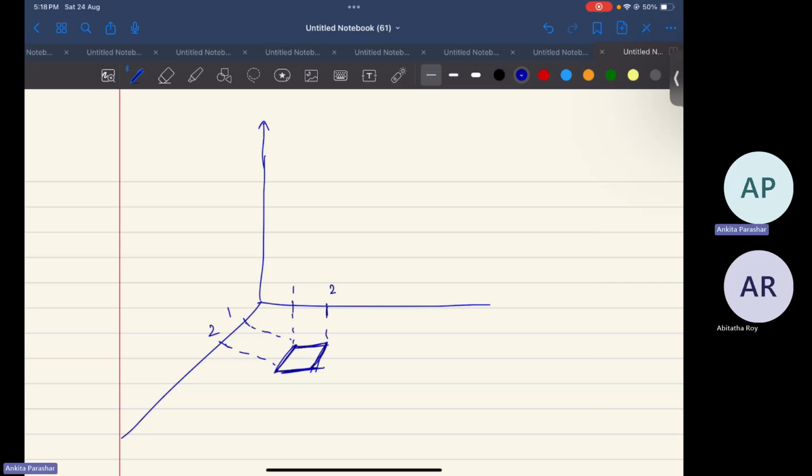It should be in the xy plane, from 0 to 2. So this is nothing but from here to here and then here.